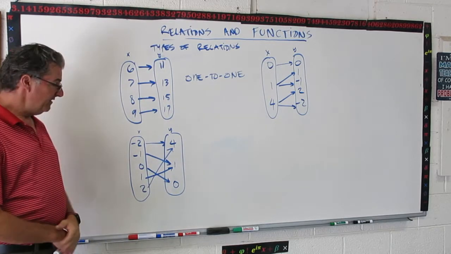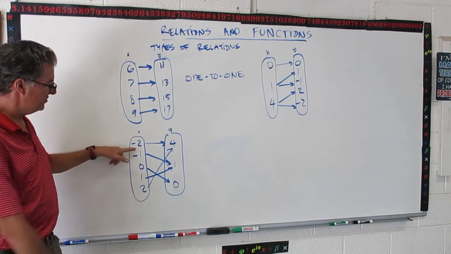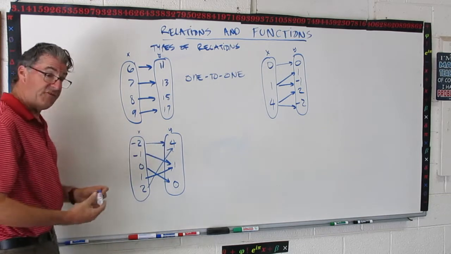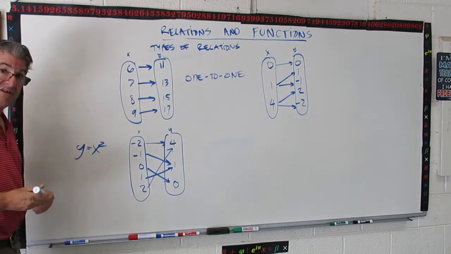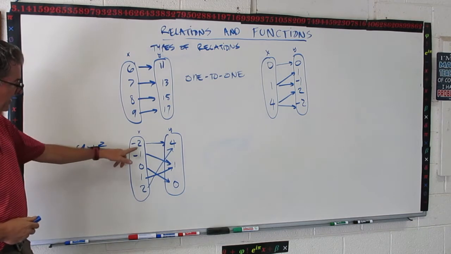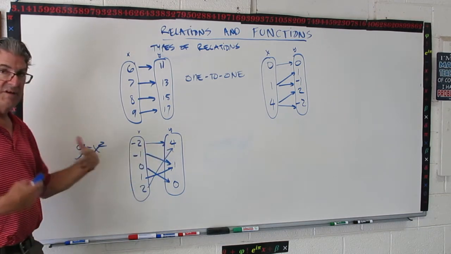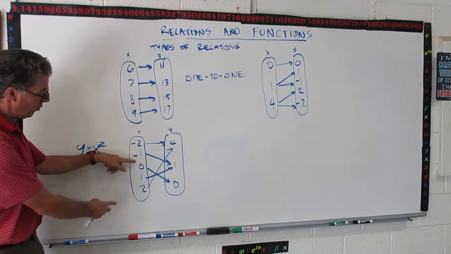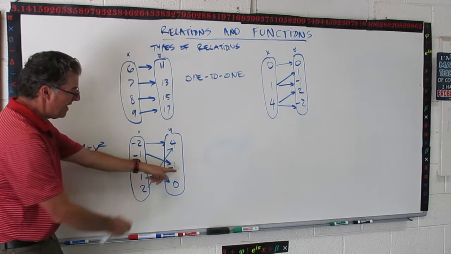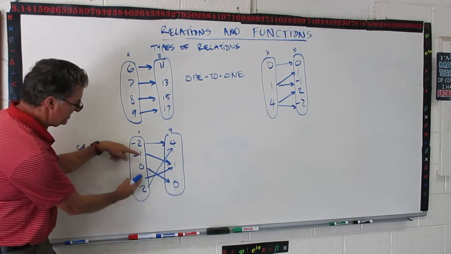Okay? Now, let's take a look at this one. This is a little bit different. Notice how the -2 maps onto 4. This relation is y equals x squared. So you can see that -2 maps onto 4, but so does +2, because both these numbers squared yield 4. The same with 1 and -1. They both map onto 1, so that gives us this interesting mapping.